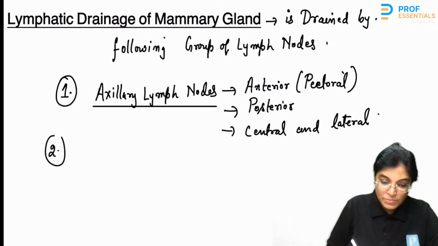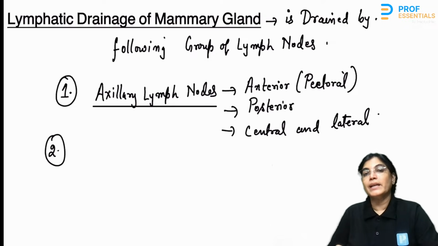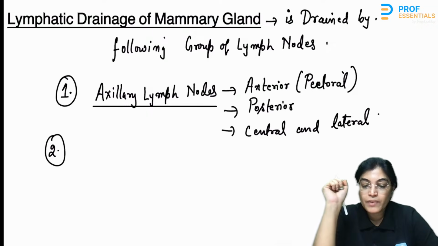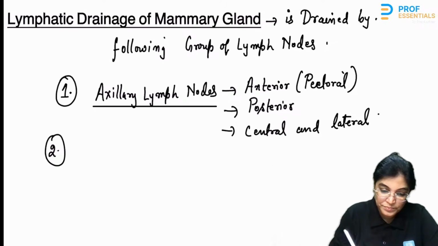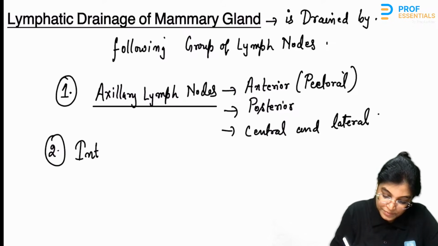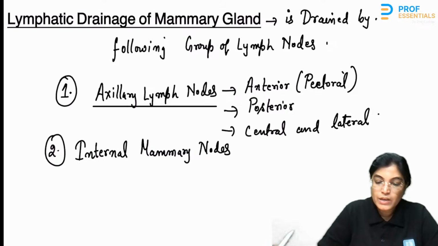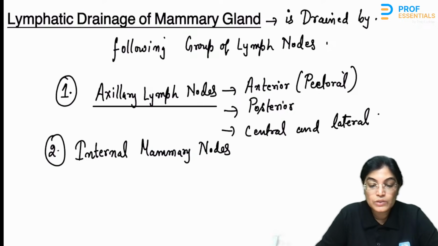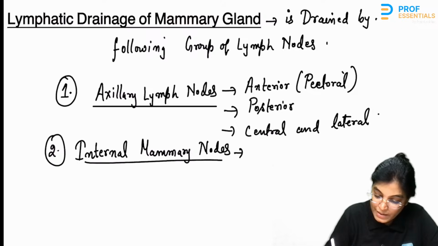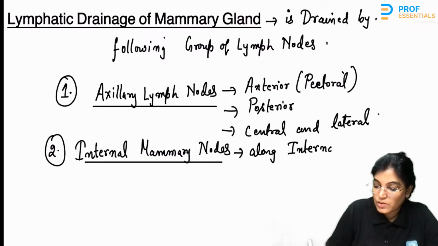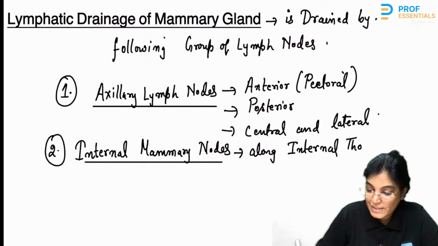The second source is the internal mammary lymph nodes. If I talk about the internal mammary lymph nodes, they are located along the internal mammary vein, the thoracic vein. They are lying along the internal thoracic vessels, close to the internal thoracic vein.